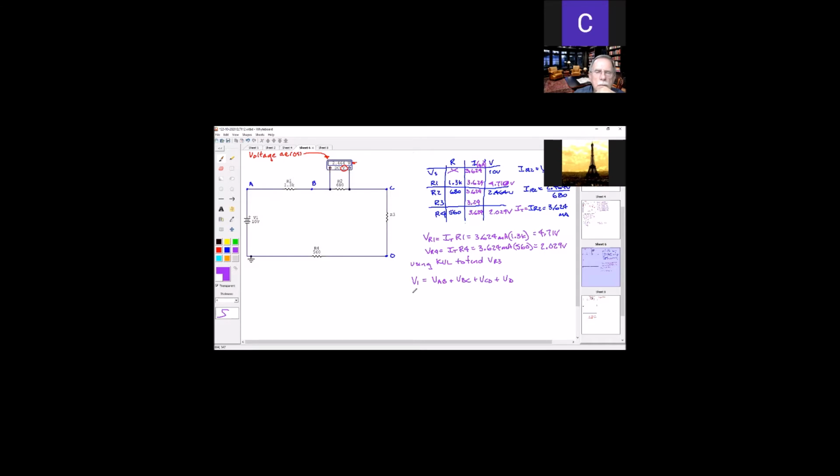So if we plug in numbers, we have 10 volts is equal to 4.710 volts plus 2.464 volts plus VCD, the unknown voltage, plus 2.029.